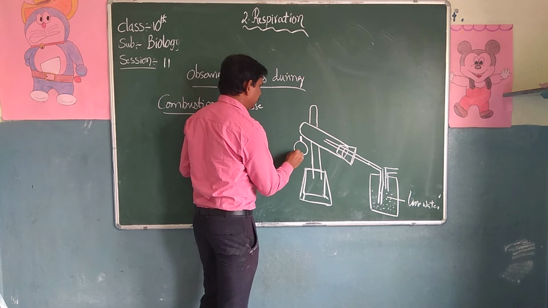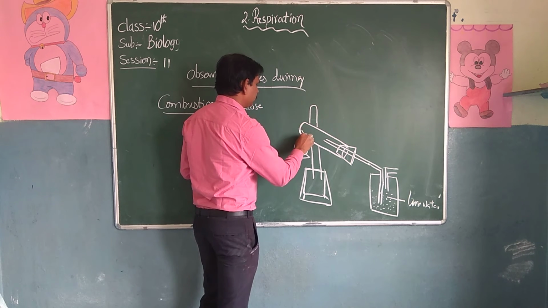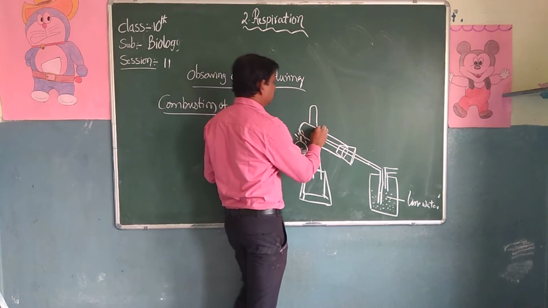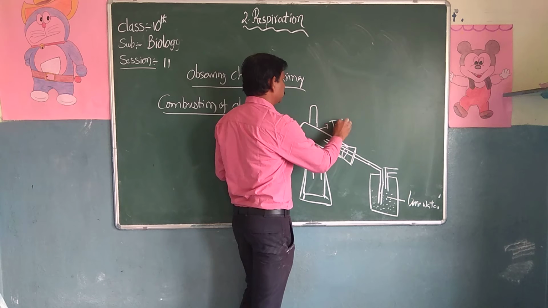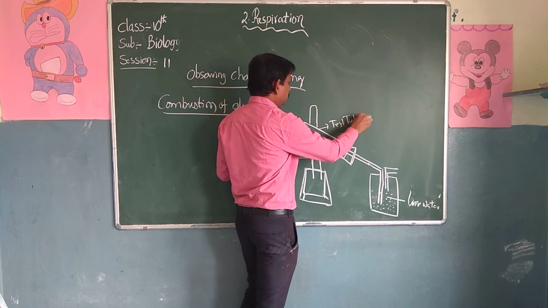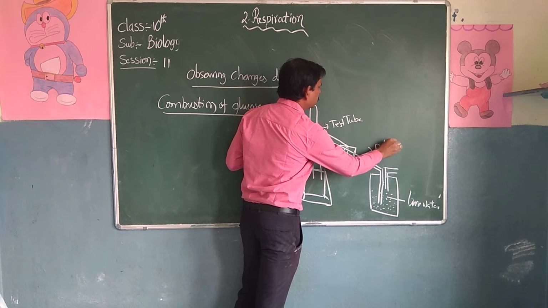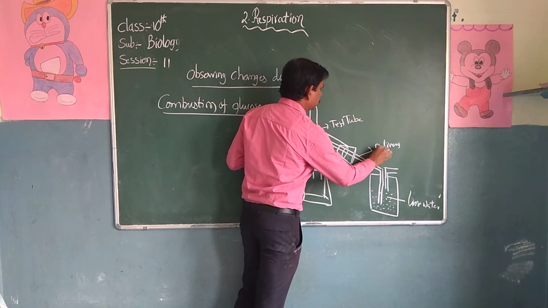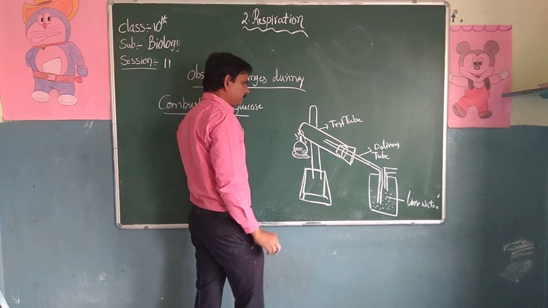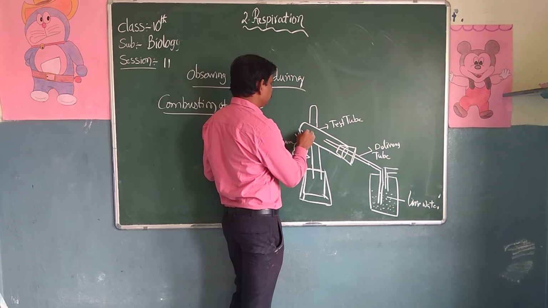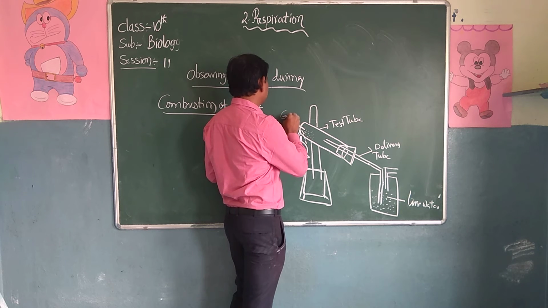I'll take one burner here, a test tube, a delivery tube, lime water, a stand, and a burner. In the test tube, we have taken glucose.